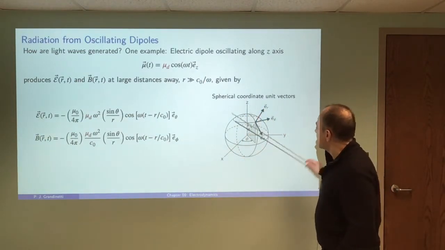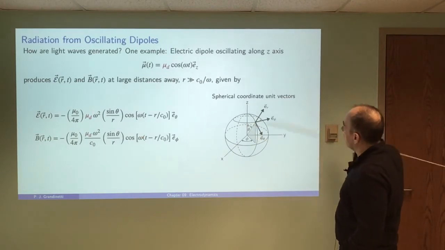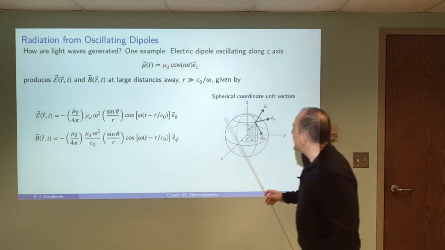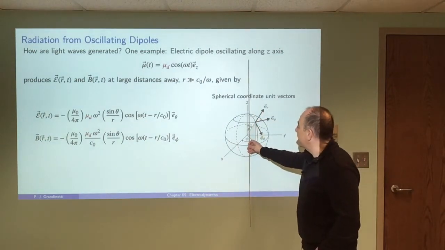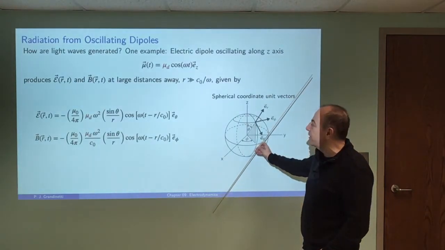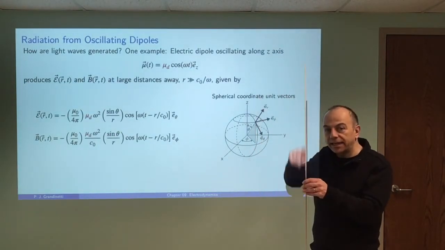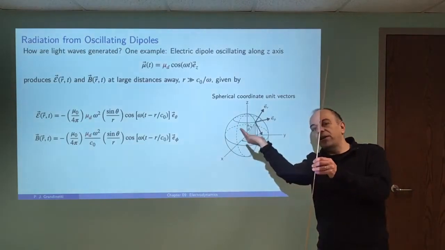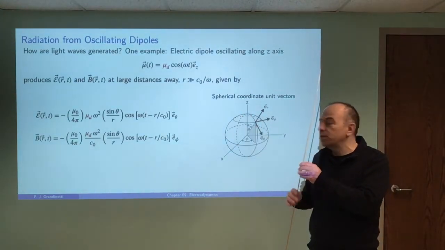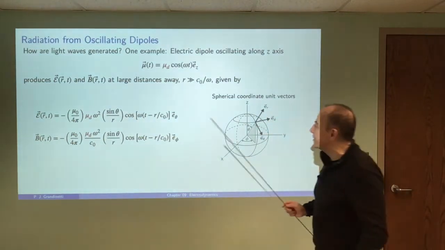So r is how far away we are from the origin where the dipole is, and theta is the angle between the z-axis and where you're detecting this electric field. Remember, the dipole is oscillating along z, so if you're at 45 degrees away from z, then that's what theta corresponds to, the angle away from z.